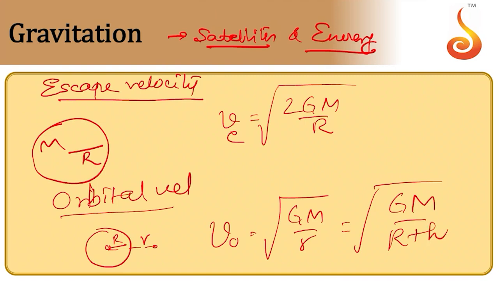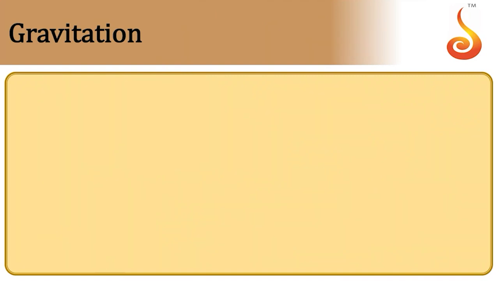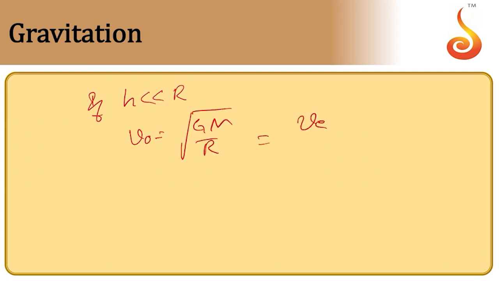This is our expression for the orbital velocity. If h is very small compared to r, then this expression reduces to orbital velocity is equal to square root of GM divided by r, or this is as good as escape velocity divided by root 2 from the surface.